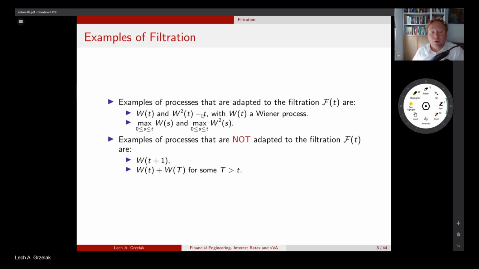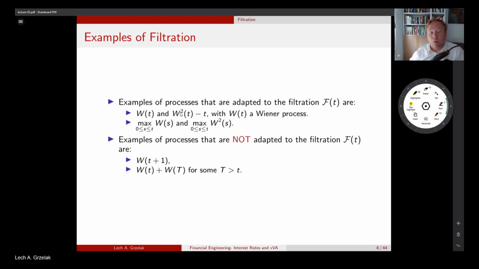And the same here, of course, the square does not really change anything. If we have a random variable and we square it, whether it's measurable or not does not depend on that. You can have power 1,000,000 here. It does not change the measurability of a process.